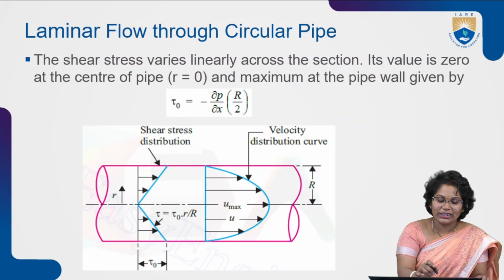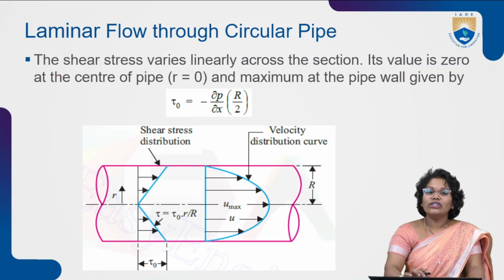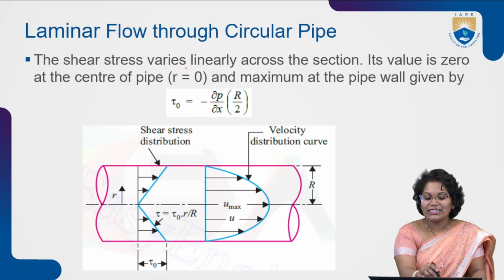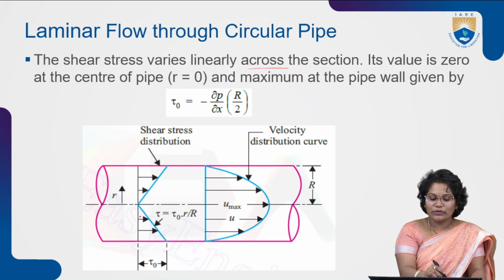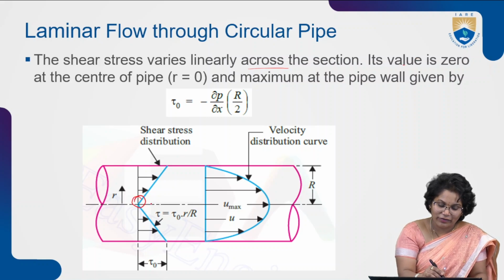After getting the generalized equation, the shear stress varies linearly across the section. Its value is 0 at the center and maximum at the walls.